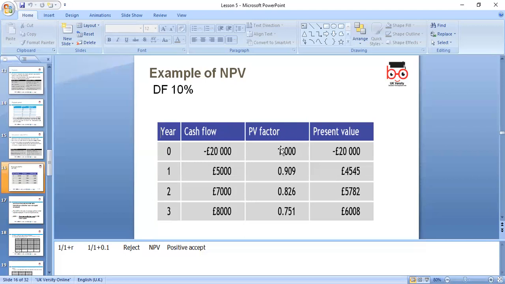You take £1 in the current year, which is the base year, and then it depreciates: 1 divided by 1 plus R, 1 divided by 1.1, and whatever answer you get, for 3 years. If you're getting 5,000 times that, this means the 5,000 value is 4,545. You add all these PV values and take out the base year, what you invested in outflows. In this case we have a negative NPV, so we reject the project.